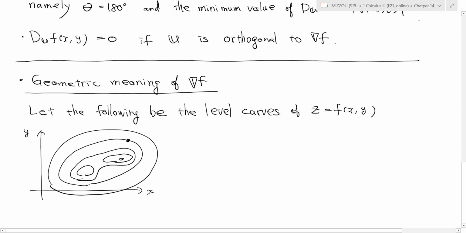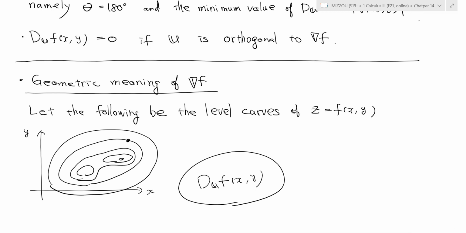Like I said, the direction where the directional derivative is maximum is the direction of the gradient. But now, what's a directional derivative? A directional derivative is a rate of change. So that means this one is the maximum when the mountain is steepest, your path is steepest.